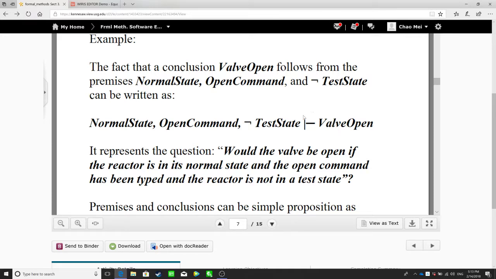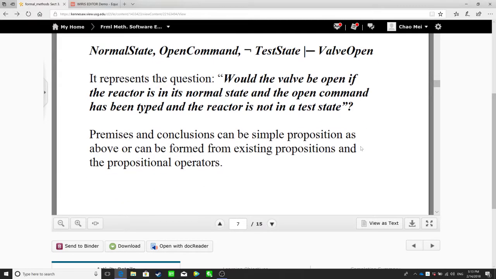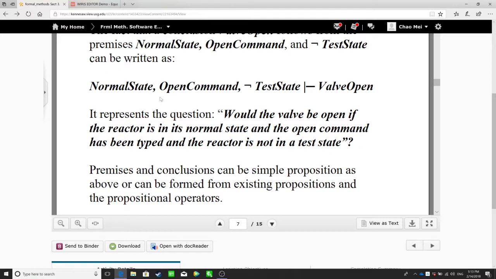This mark here, we will replace with implication, and we will also replace those commas with conjunction.